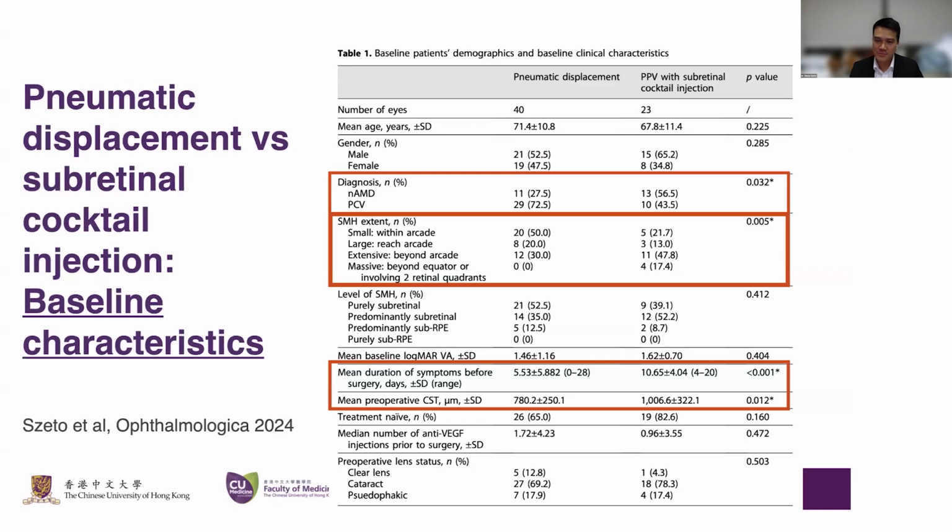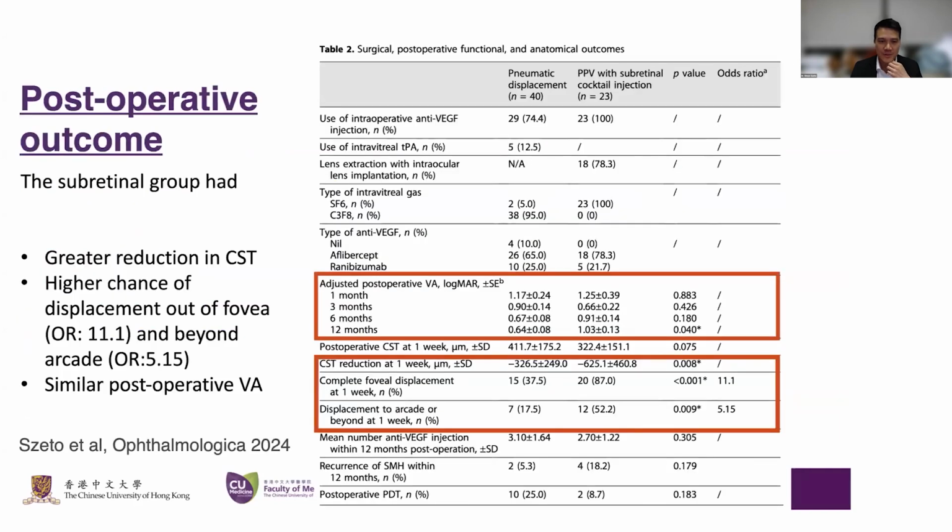Also, the proportion of PCV is less in the subretinal injection group, but this may be due to underestimation of PCV, because usually after massive bleeding the polyp would spontaneously regress. So this may be a bias in our study.